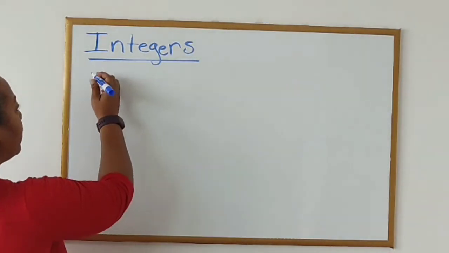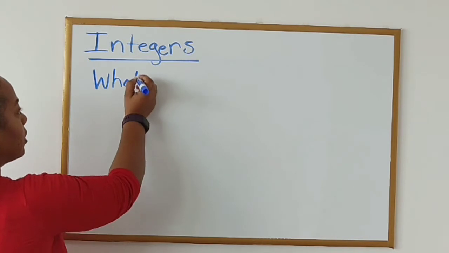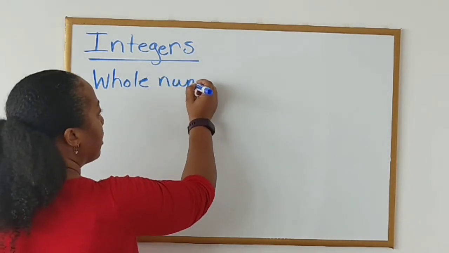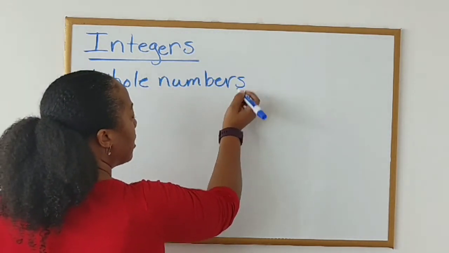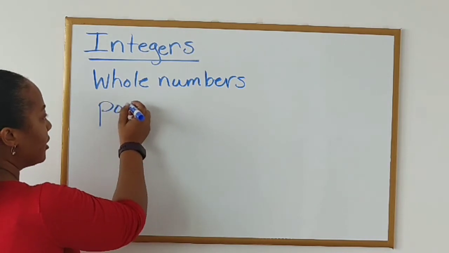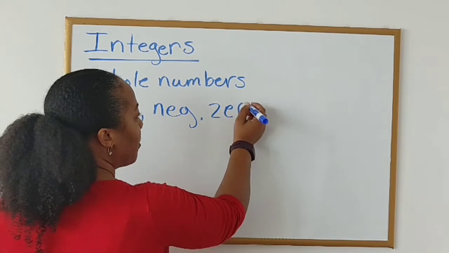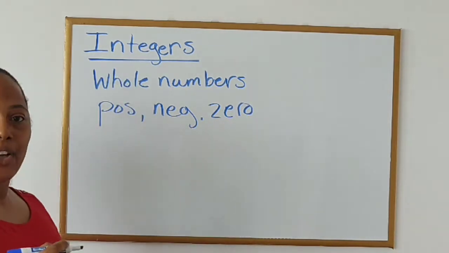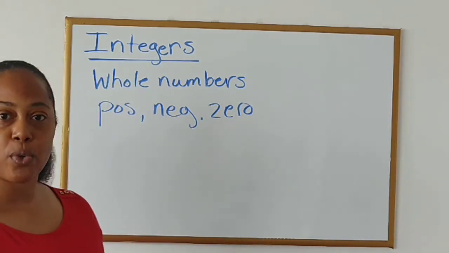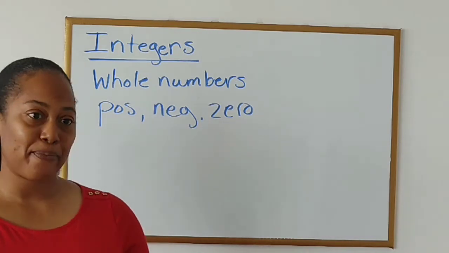Integers are whole numbers. There are positive, negative, and then we also have zero, that is an integer. Now, how you know exactly how integers work is basically by using a number line.